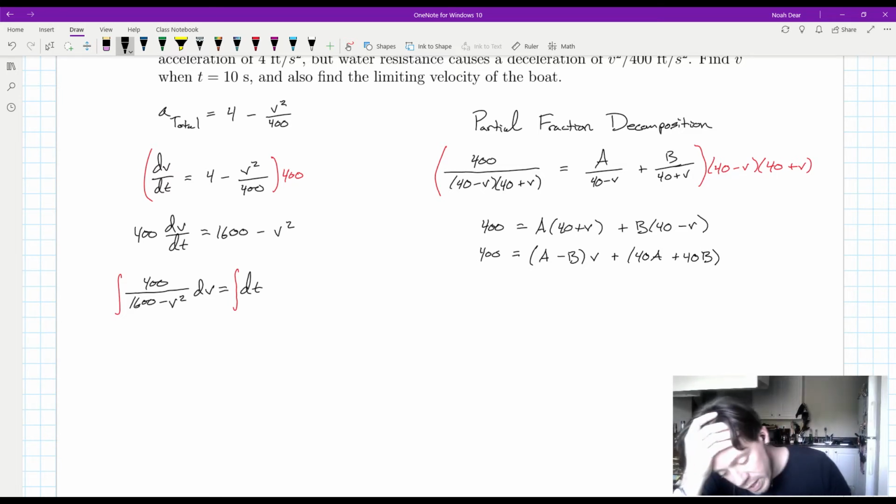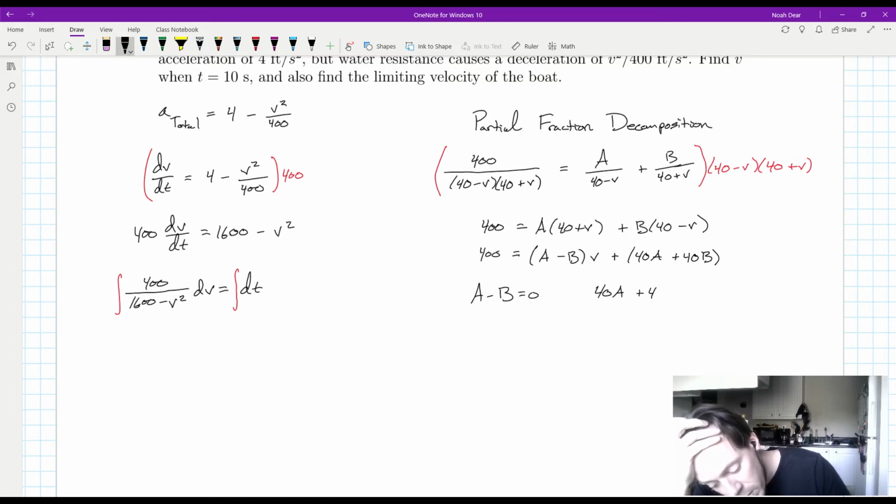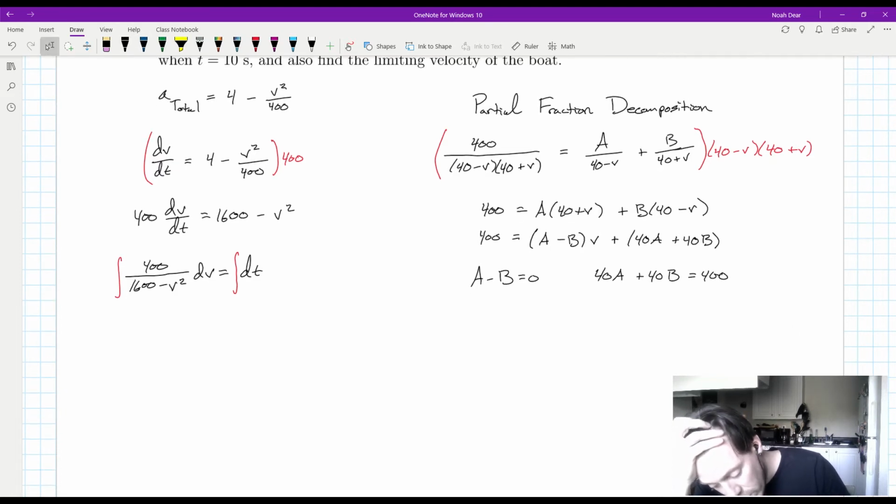From this, we can see that there's 0 v's on the left, so a minus b needs to equal 0. And the constant should be 400, so I'm going to write it in another order, 40a plus 40b needs to equal 400. The first equation, a minus b equals 0, shows us that a equals b.